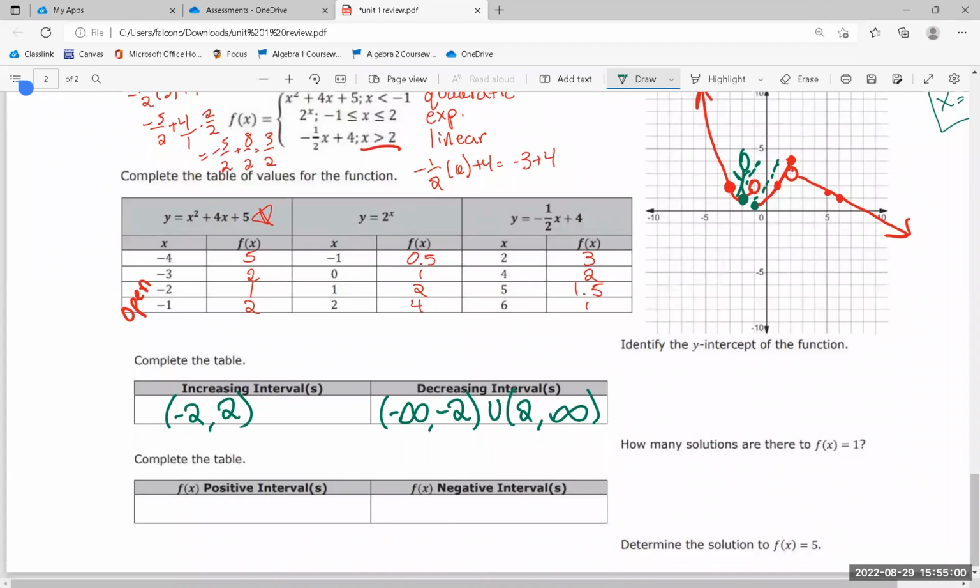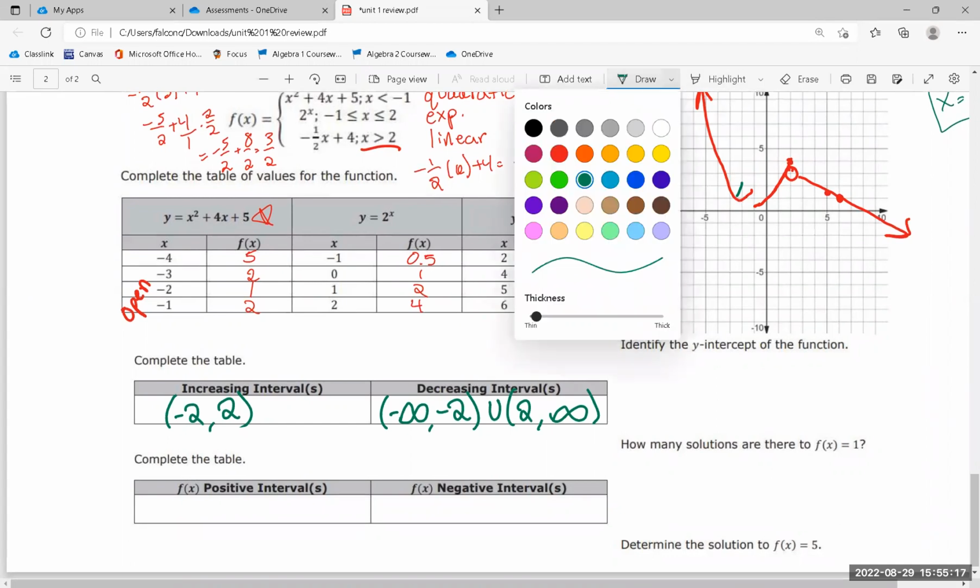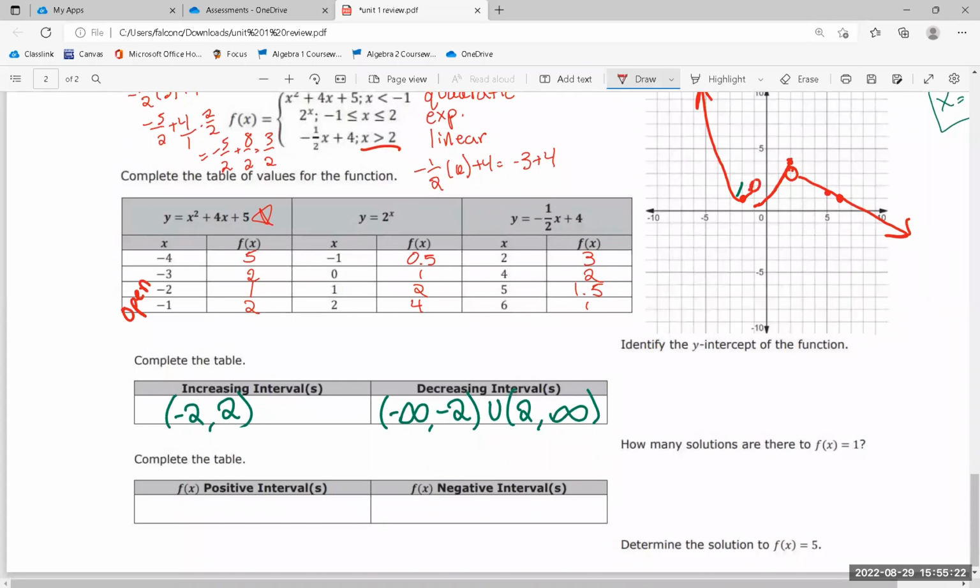All right, positive and negative. Positive intervals are where my graph is above the x-axis. So where am I getting positive y values? Looking at this graph, I'm going to erase my little person, and try not to erase my graph while I'm doing it. Here we go.